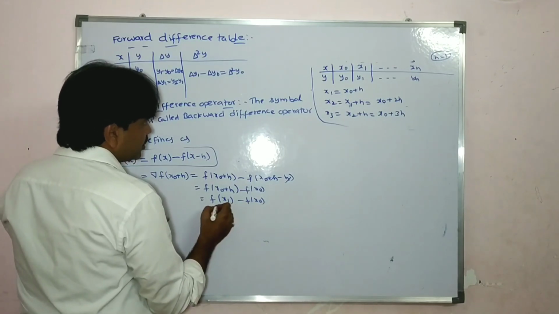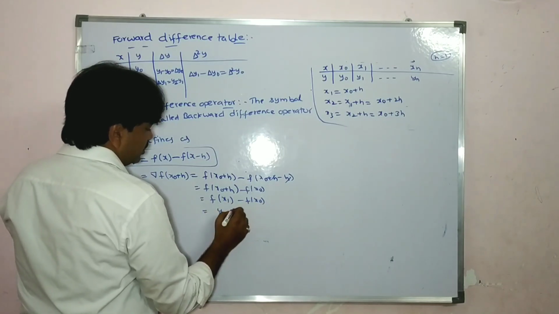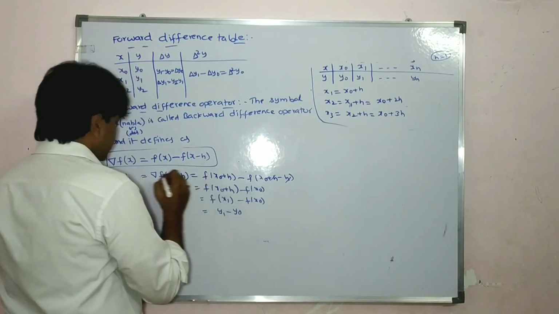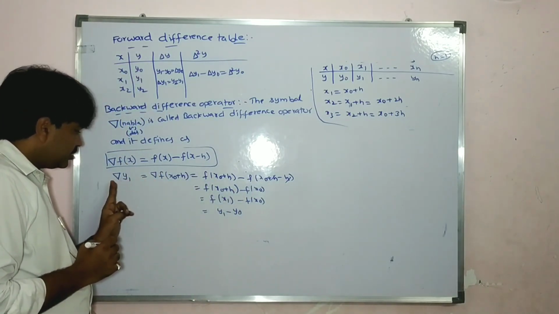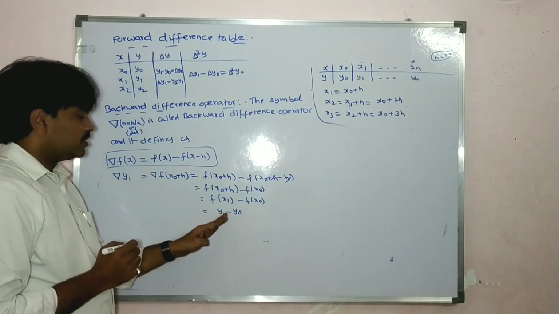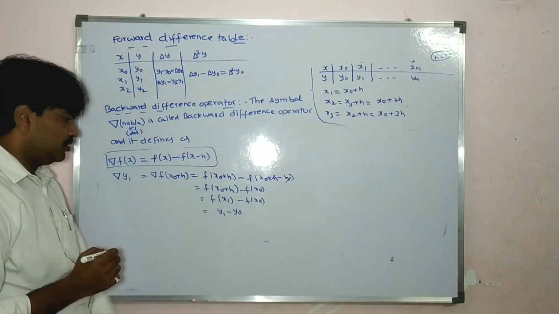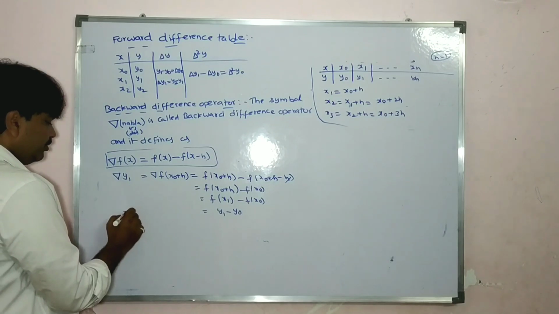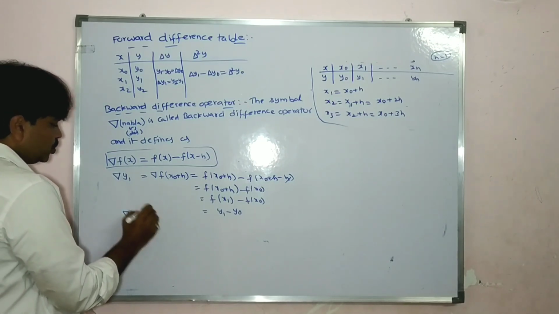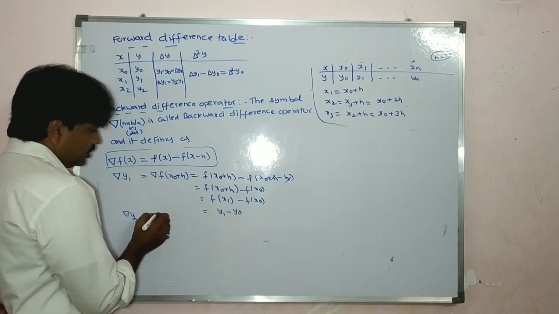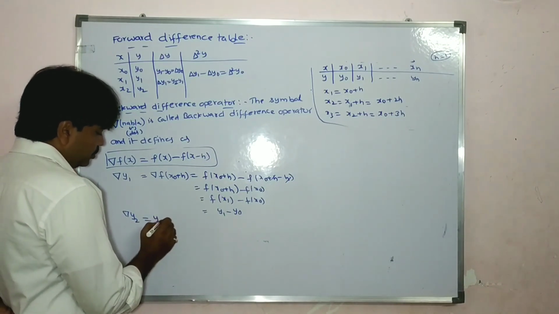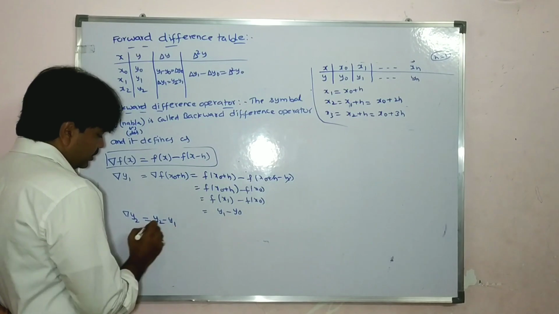So what is f of x1? It is y1 minus y0. Nabla y1 is y1 minus y0. Simple. Now we can guess nabla y2: y2 minus y1.